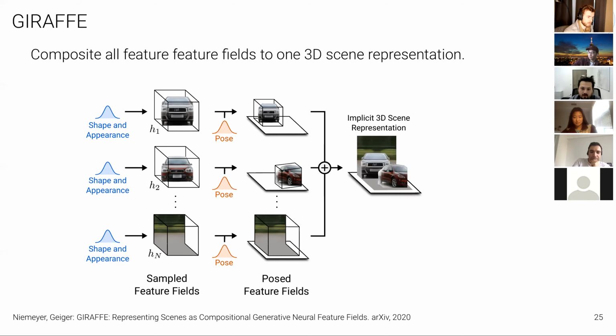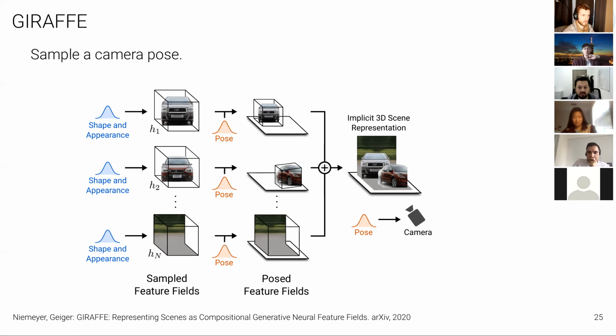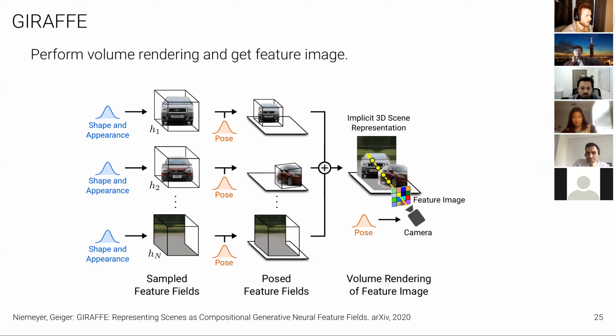Okay, cool. Then we combine all of our feature fields into one 3D scene representation. We composite it. Next, we again sample our camera pose from our prior distribution, just as in GRAF. Then we perform volume rendering to get a feature image.